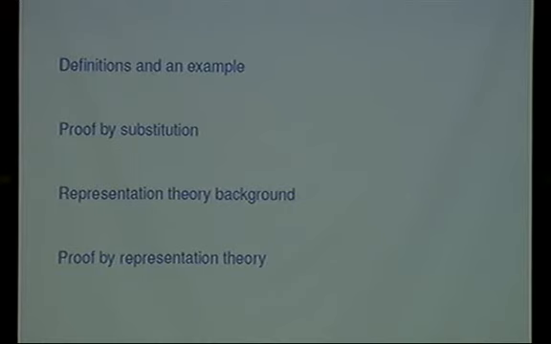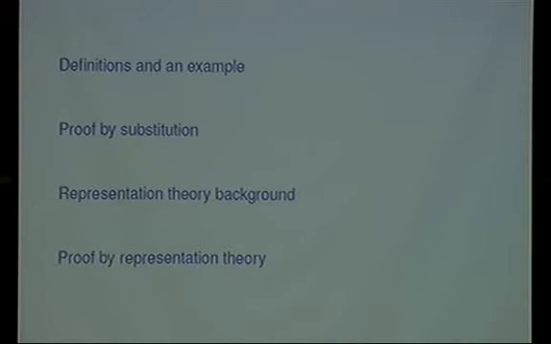Okay, so we'll start off, like I said, with an introduction. I'm not assuming you know anything about cyclic sieving, so I'll have to define what cyclic sieving is for you, and then I'm going to introduce an example which is going to follow us for the whole talk. I don't know about you, but me personally, I learn best by doing examples. So this example is really, hopefully, where you're going to learn most about what cyclic sieving is and how it works. And most cyclic sieving proofs that are in the literature are of one of two flavors.